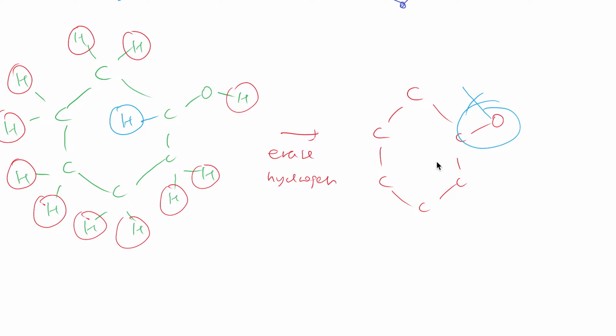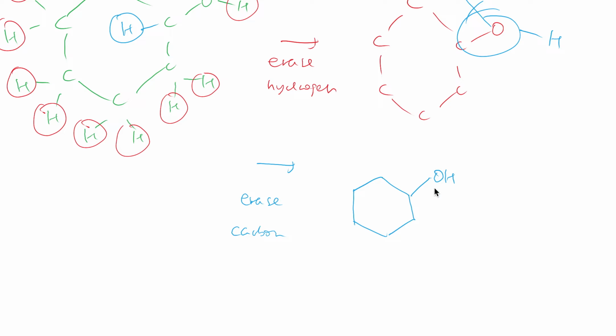So the correct skeletal structure, and then we erase. We can't ignore this hydrogen. You must add the hydrogen over there. And then you just erase the carbon. So this is the correct final diagram.